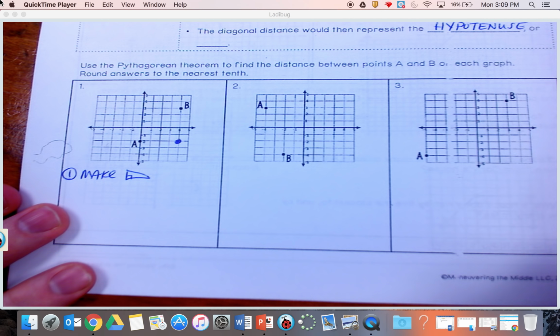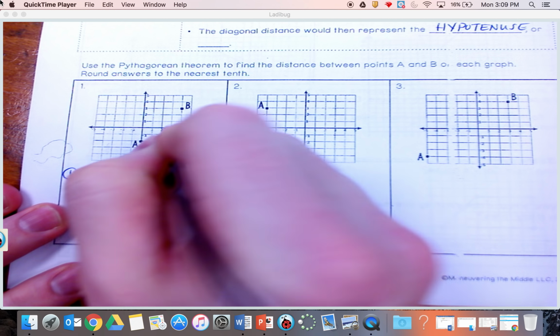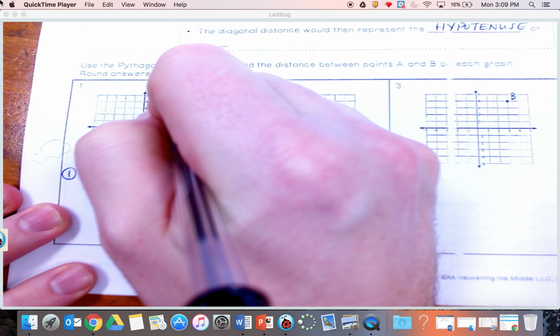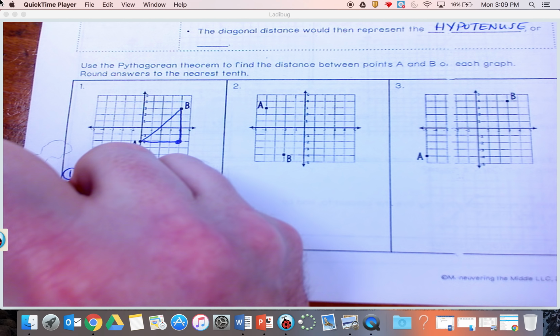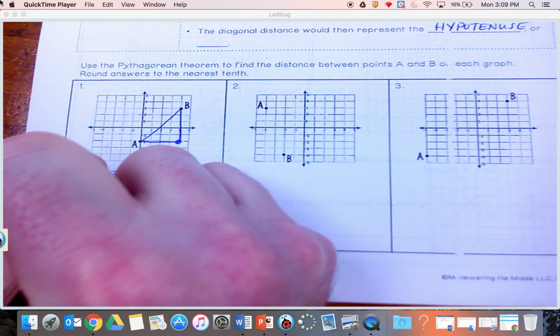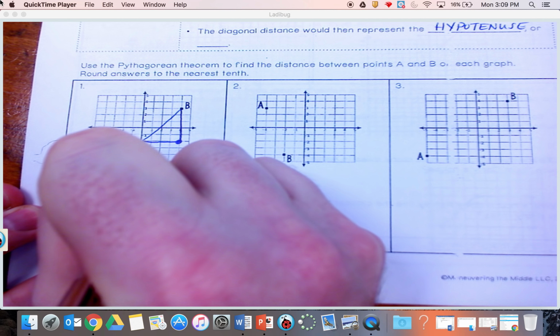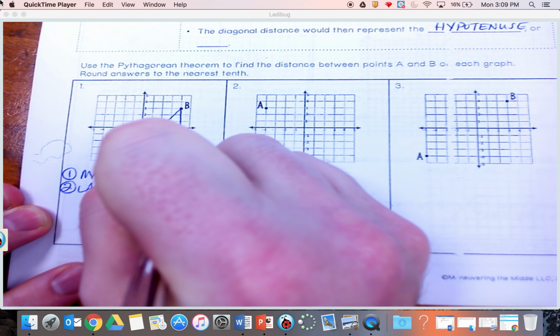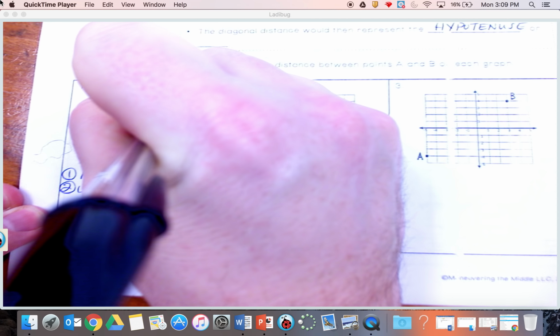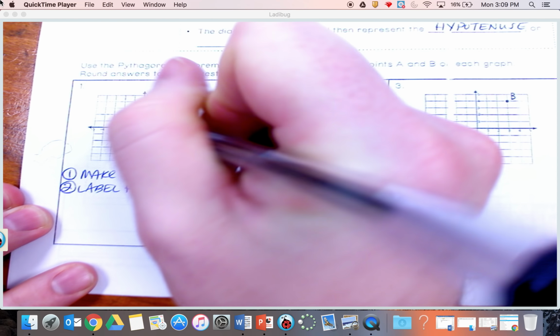And that is going to be my next point, and I can now have my right triangle. And I'm looking, okay? My second step here will be to label the hypotenuse, which will be right here, because there's my right angle.